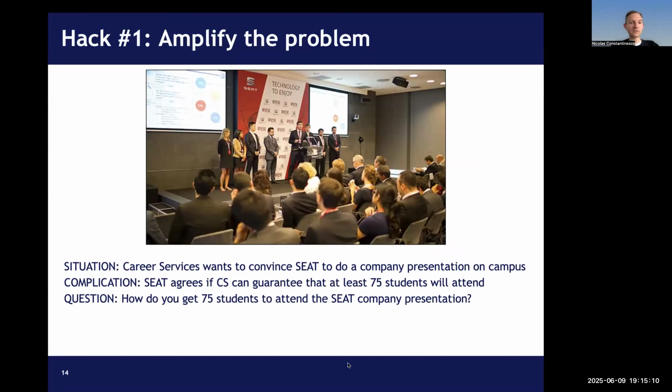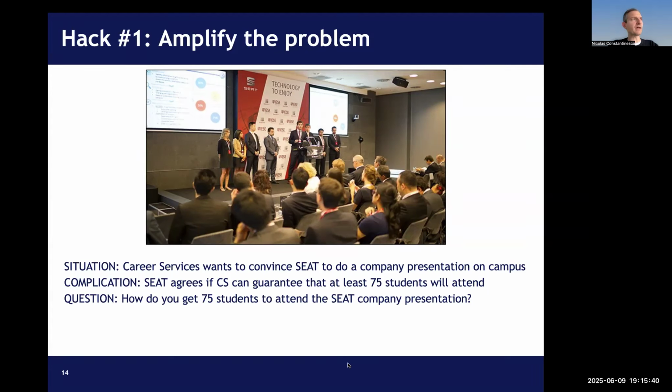Let's say we're talking about ESMT, and Career Services wants to bring SEAT or Skoda to do a company presentation on campus. The company says, okay, fine, we'll come, but you've got to guarantee that at least 75 students will attend, because otherwise it's not worth our while. It's so much time, preparation, costs, etc. If you can't guarantee 75 people, we don't come. So the question is, how do you get 75 students to attend the company presentation?